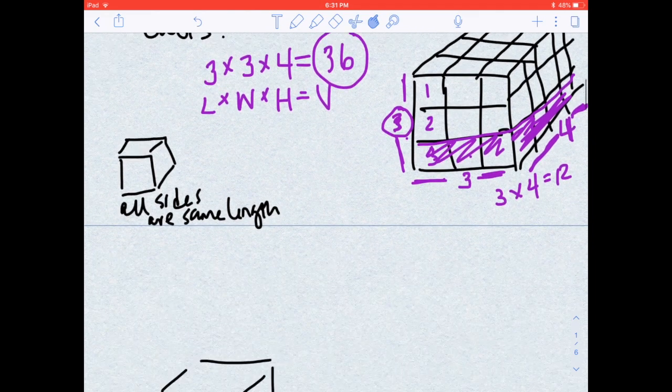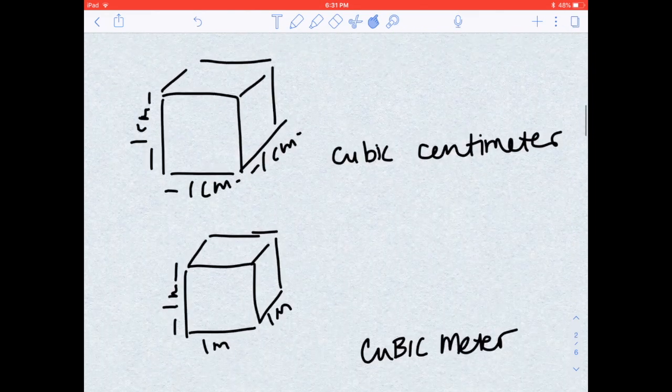Now, cubes, as we said, are pretty exciting because all of the sides are the same length. What this enables us to do is use a new measurement for volume. In this case, cubic centimeters or cubic meters, but you could use cubic feet, cubic yards, cubic inches. And remember how we did our length times width times height, and we multiplied the base times the number of rows.